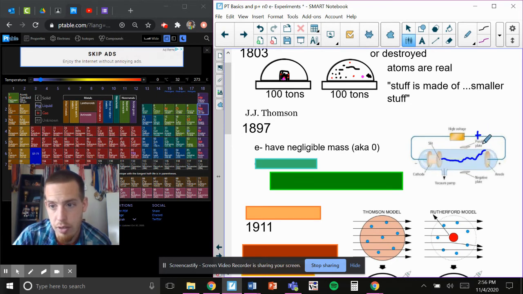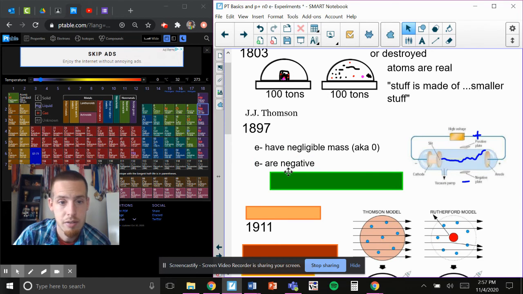And there was a positive plate up here, and the negative plate was down here. Well, here's the thing. Opposites attract. So if this is clearly turning up toward the positive plate, well, that would imply that electrons are negative. Again, positive plate, negative things would have to attract that, aka it's repelling from the negative. Also, that they don't have mass.